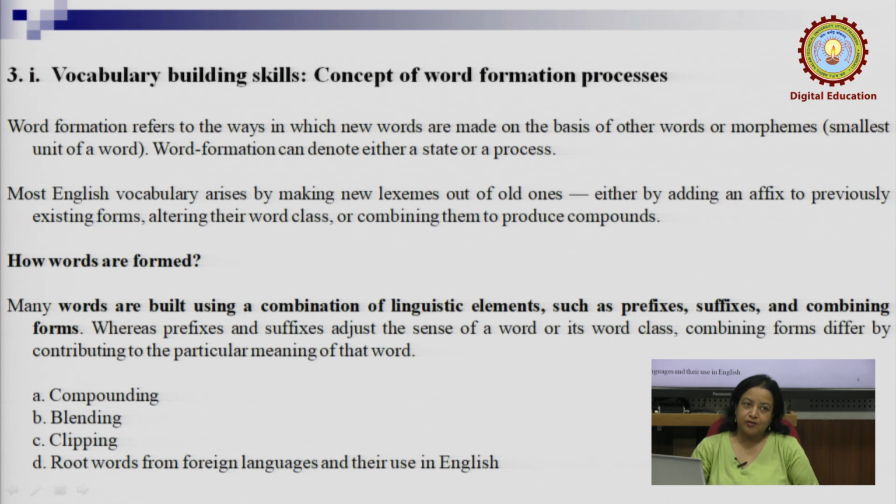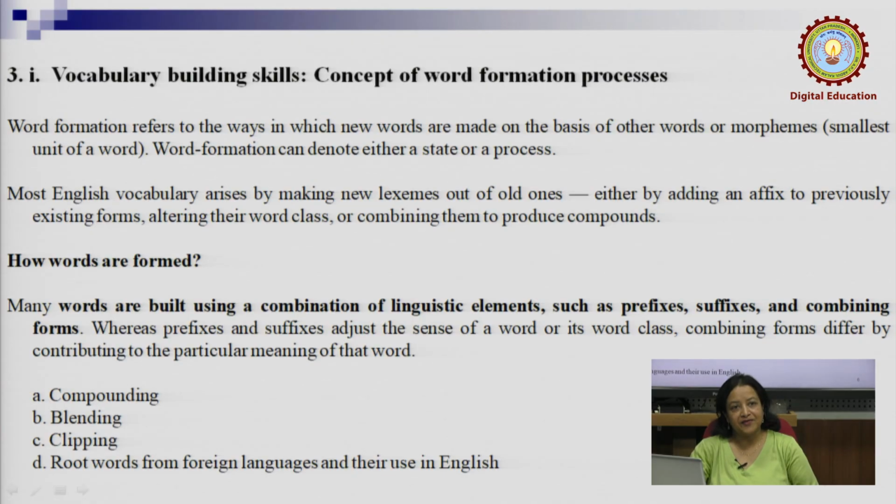So, let us know how words are formed. Many words are built by using a combination of linguistic elements such as prefixes, suffixes and combining forms, whereas prefix and suffix adjust the sense of a word or its word class.